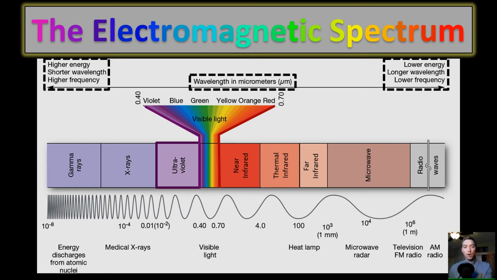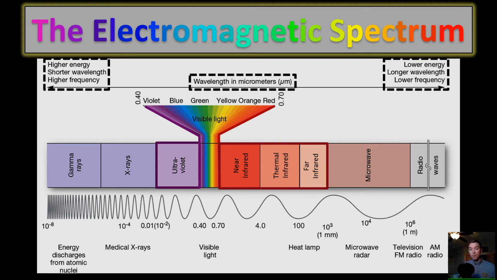We also look at the visible light spectrum, which goes between 0.4 and 0.7 micrometers. So the higher energy are your violets, your blues, your greens. The lower energy are what we see rendered as yellows and oranges and reds.